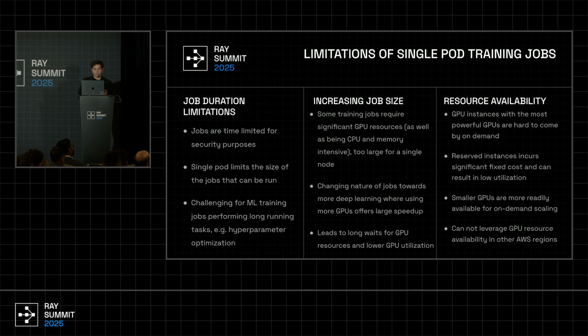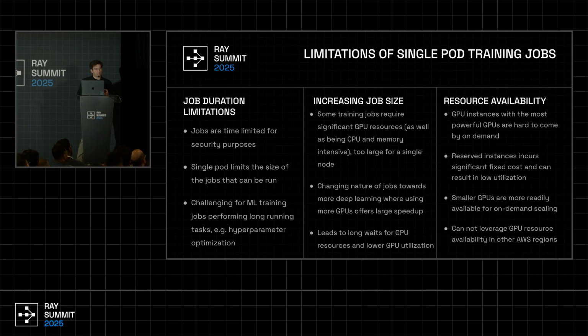Finally, there's an issue of resource availability. So if we want to use the nodes that have the large GPUs on the most recent architectures, these can be pretty hard to scale up on demand. If everyone's trying to use these nodes because their job will only fit on these nodes, then this can lead to insufficient capacity errors when trying to scale up to meet the developer demands on our platform.